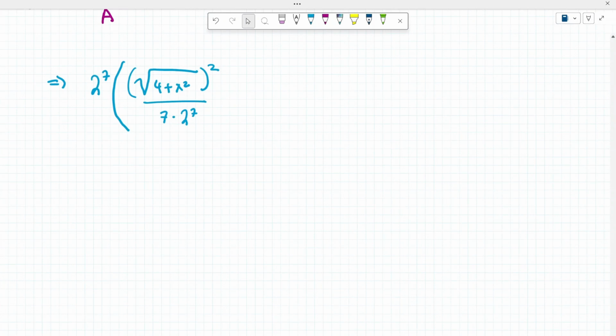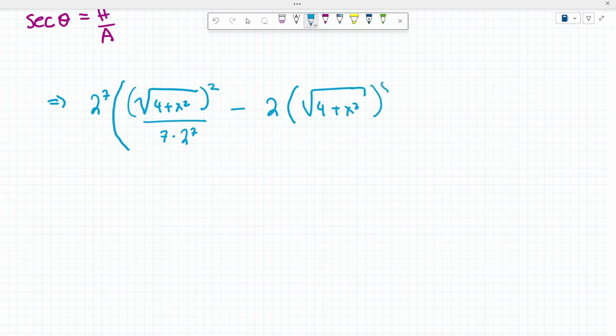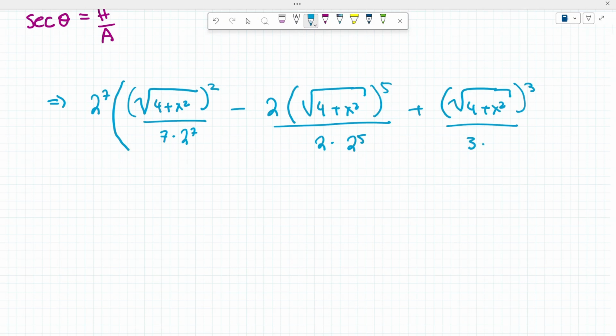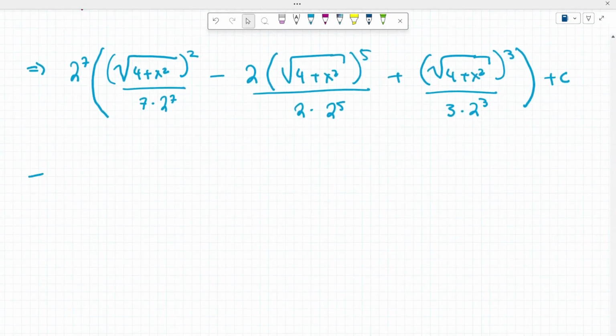And then we have minus 2, and then we've got root of 4 plus x squared to the power of 5 divided by 2 times 2 to the 5, and then finally plus the root of 4 plus x squared all to the power of 3 over 3 times 2 to the 3. And remember our integration constant. And one last step. Okay, we can do this.